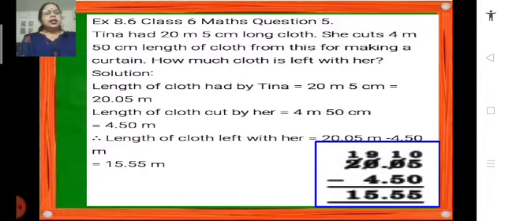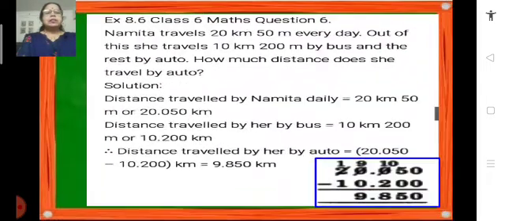In the 1's place again we have 0. So, 1 has been borrowed from the 10's place, it has become 10, and from 10 again we have given 1 to the 10's place. So, it becomes 9. So, 9 minus 4 becomes 5 and in the 10's place we have 1. So, the answer is 15.55 meters. The length of cloth left with her is 15.55 meters.